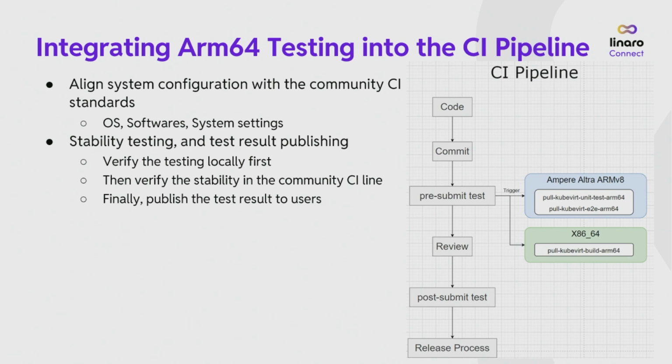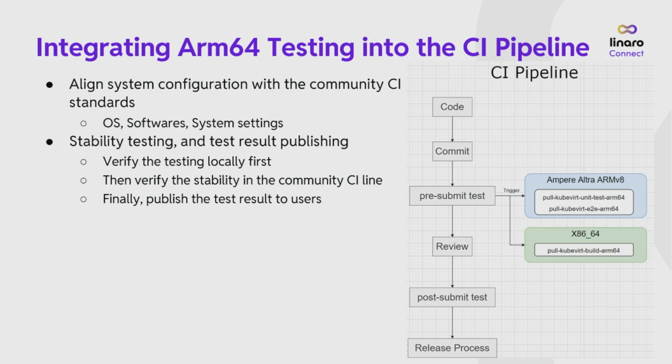We need to configure the environment server with community CI standard, including OS, software version, and system setting. And then we have to verify if our ARM test is stable or not.